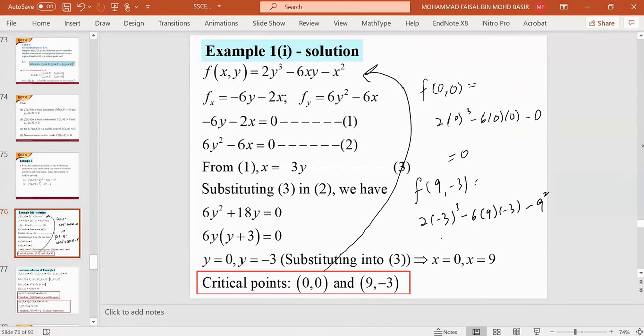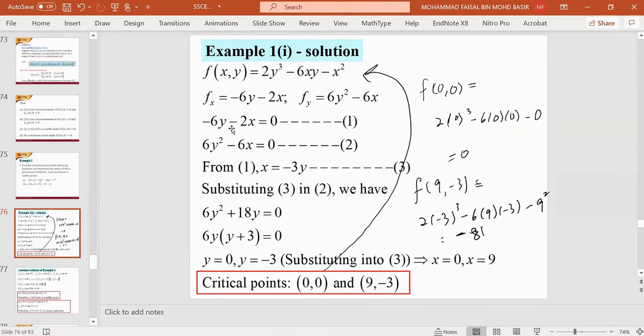Okay, how much? Try to calculate. I just put in. Calculate for me. I got minus 81, doctor. Minus 81? Again? I got minus 81. Okay. Well, what is your name?